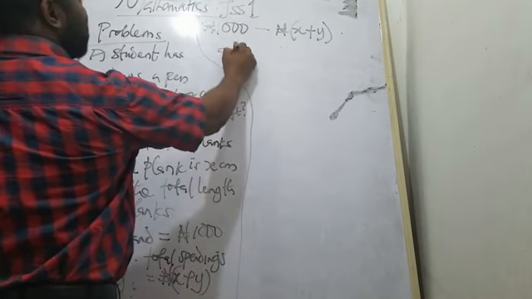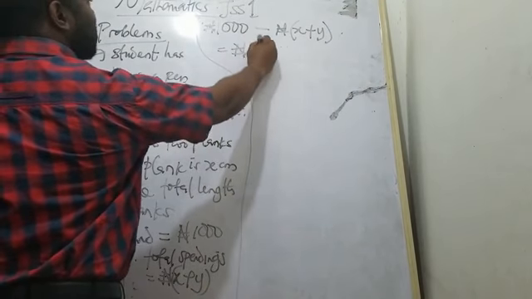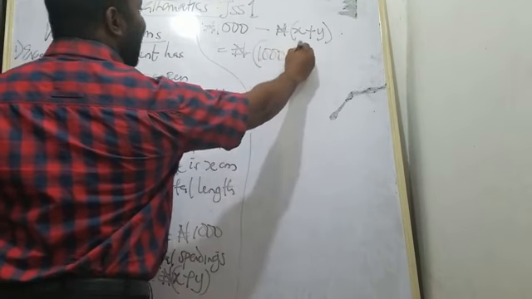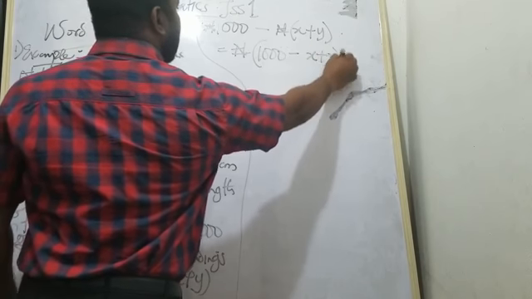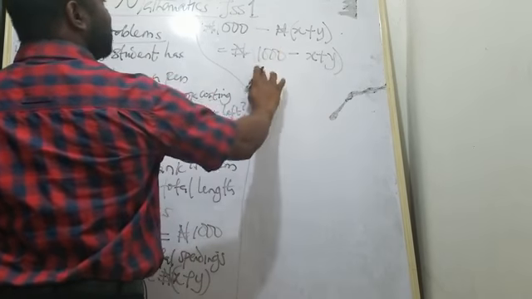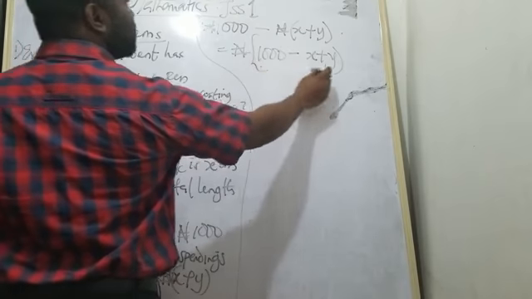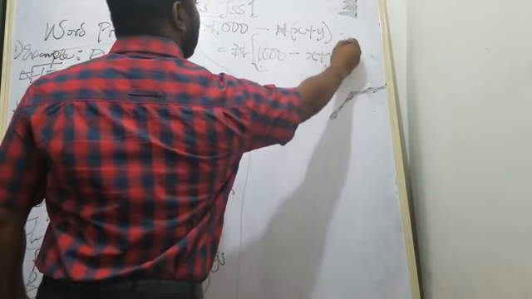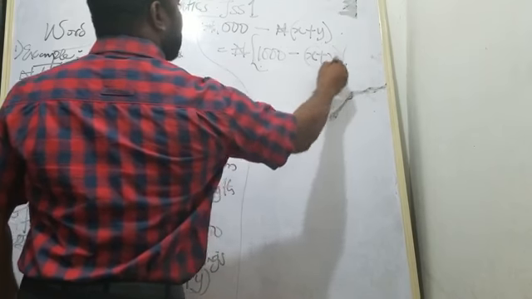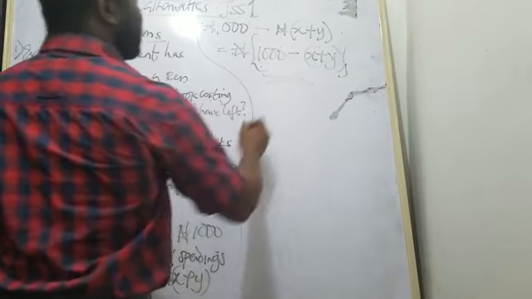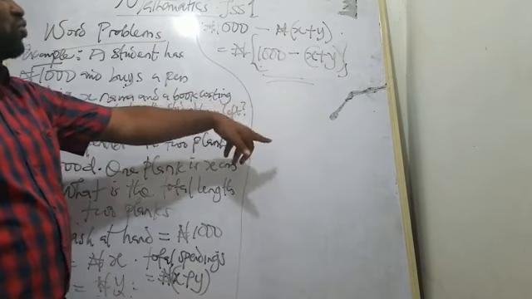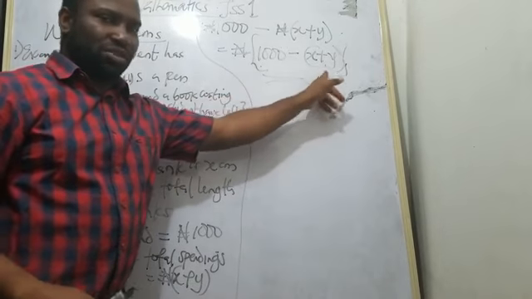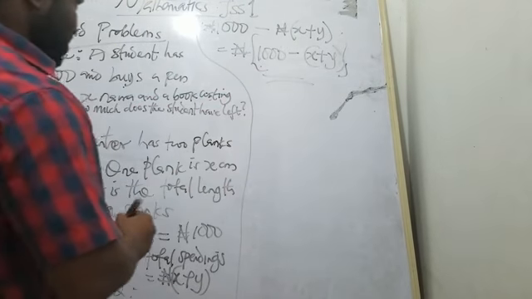Hence, you have all in naira, 1,000 naira minus X plus Y. Hence your final answer: you have 1,000 to deduct the sum total of what has been spent.